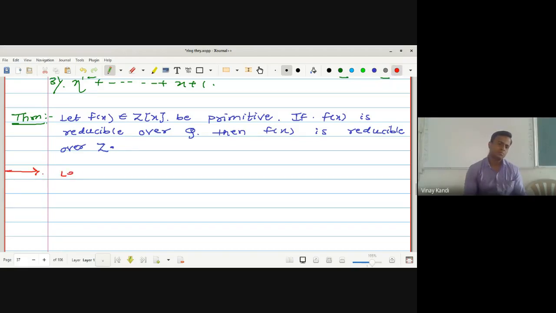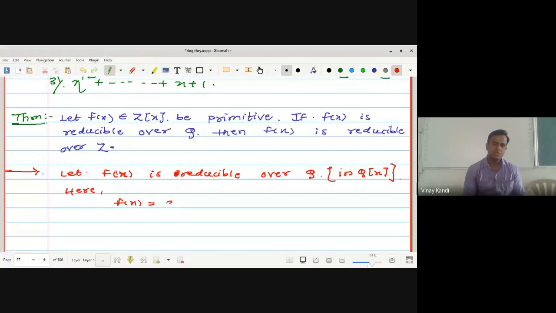Let f(x) be reducible over Q, that is in Q[x]. Okay, what does this mean? In Q[x]. Hence here we write f(x) equals g(x) times h(x). Why?